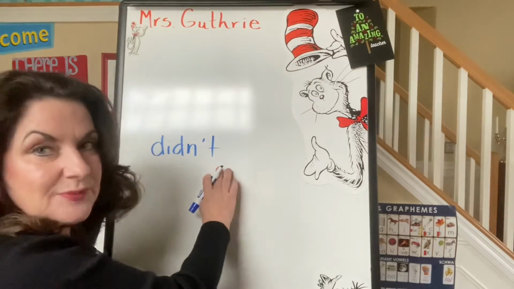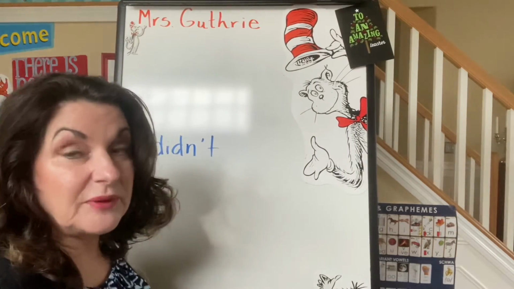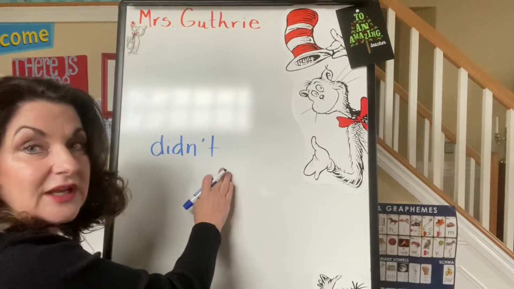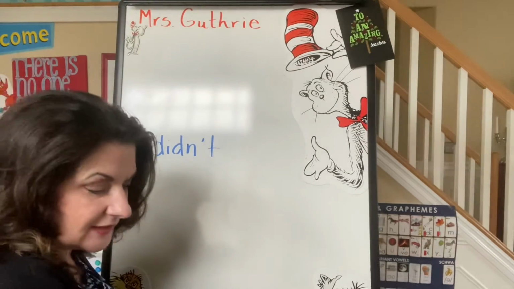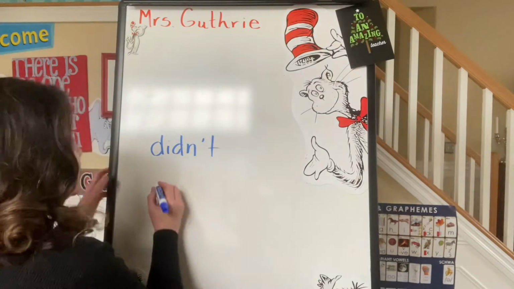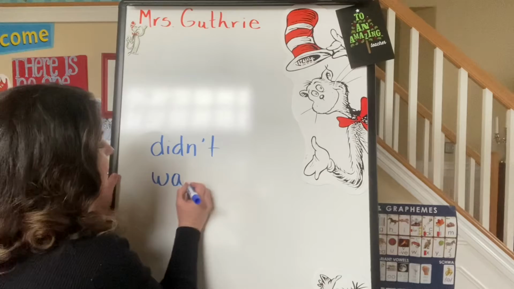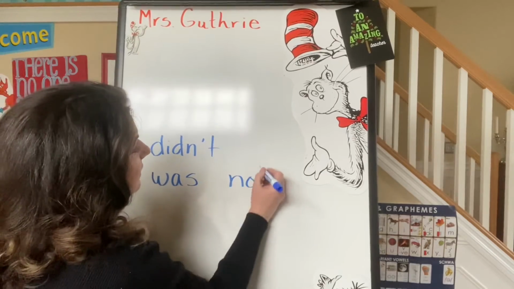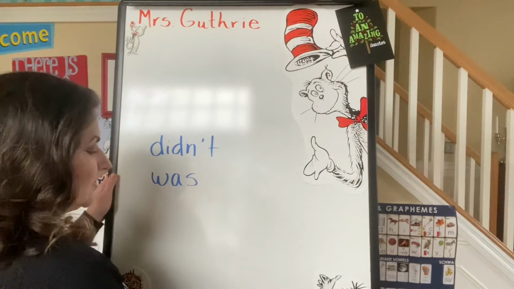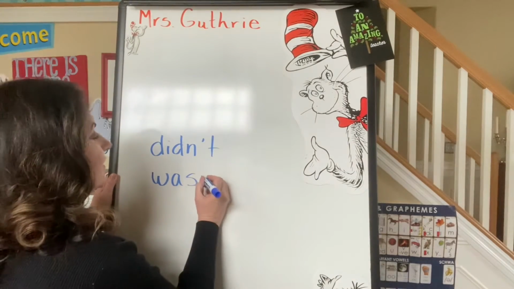Now, if you tried to spell that just by the sounds, it would be pretty tough. You have to remember the rule. We're leaving out the O and adding the apostrophe in its place. Didn't. Wasn't. That one's not so hard. Was not. She wasn't here. These are all negatives, aren't they? Because they have the not word.